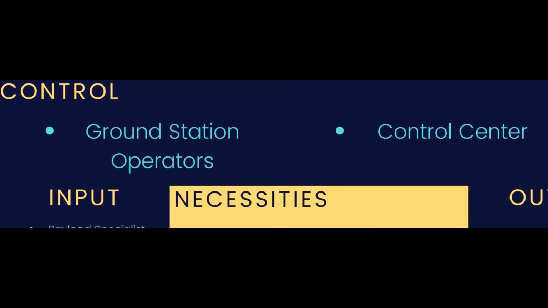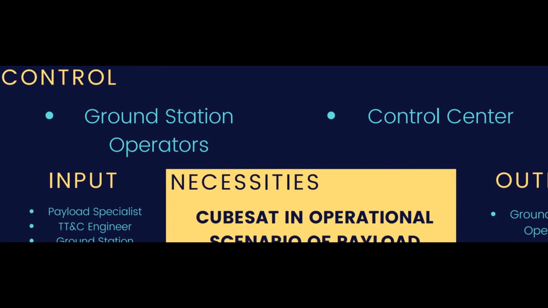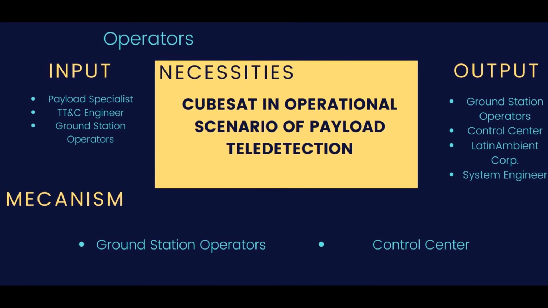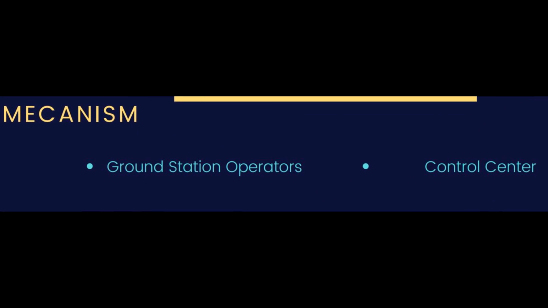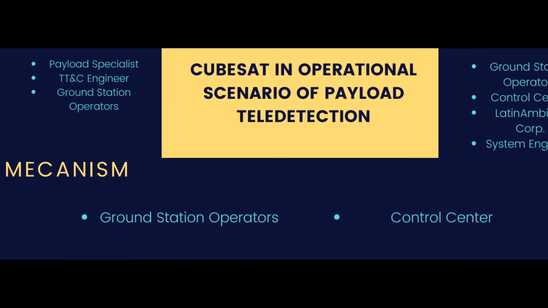About the diagram, we have the ground station operator and control center making sure quality requirements, policies, procedures, or any other topic related to control are as expected. Finally, we have the mechanisms for the scenario: the ground station operator and the control center with the facilities, equipment, and personnel for mission operational issues.